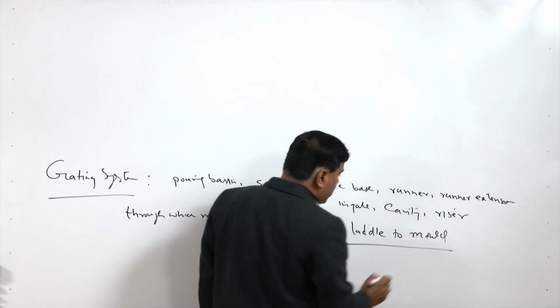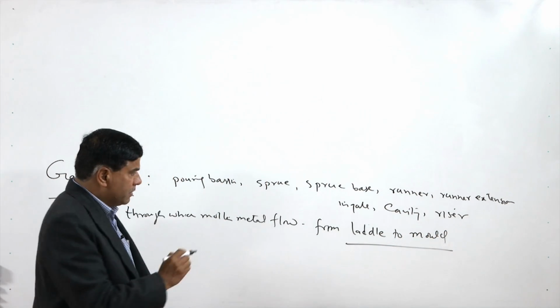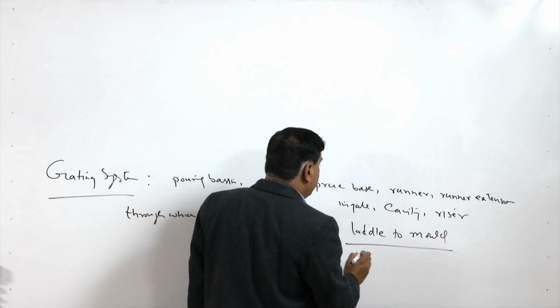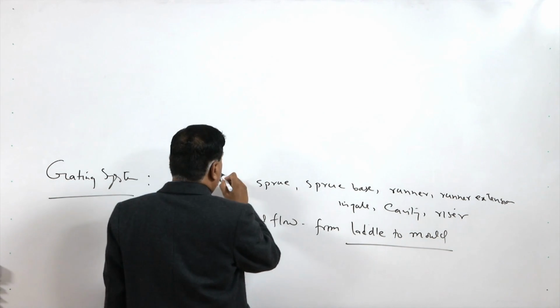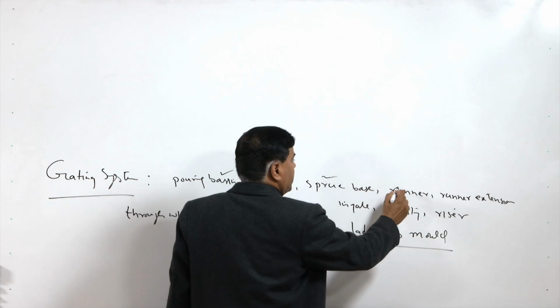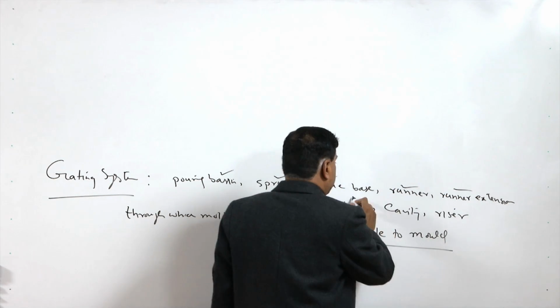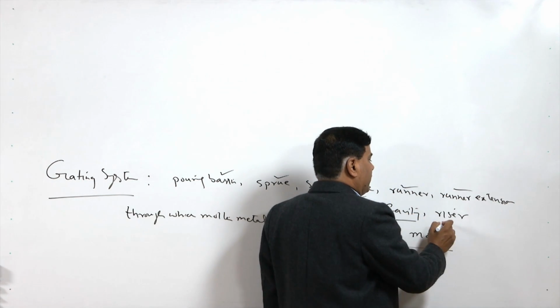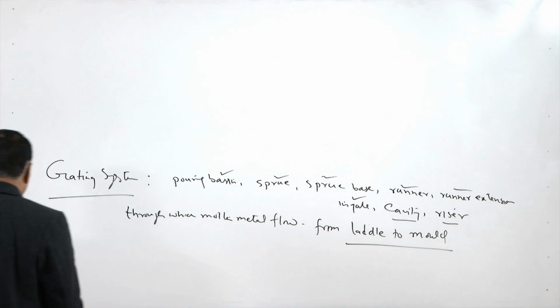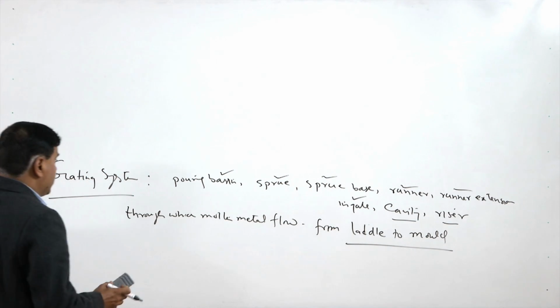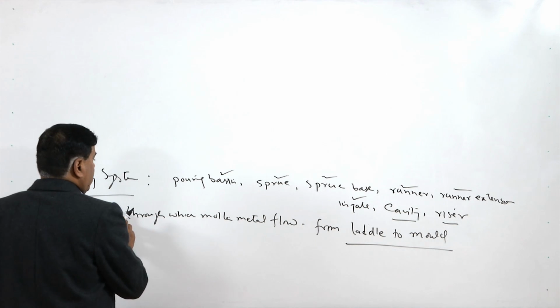The journey of the molten metal from the ladle to the mold passes through the pouring basin, sprue base, runner extension, ingate, then fills the cavity, and then goes into the riser, so that it can take care of the shrinkage related aspects.